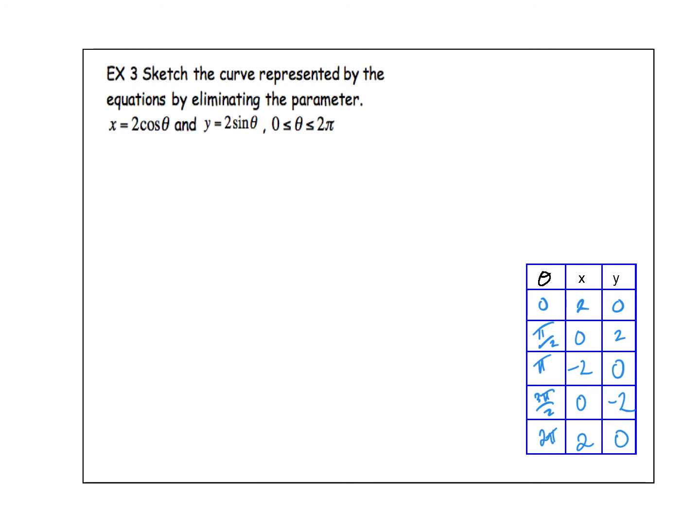So before we even think about removing this parameter and coming up with a rectangular equation, the sketch of this, if I just plot these points, with direction in mind, 2, 0, that's there, 0, 2, that's there, negative 2, 0, 0, negative 2, back to the beginning.